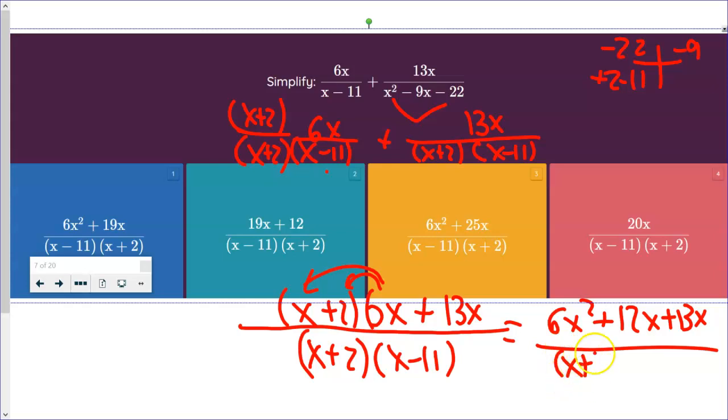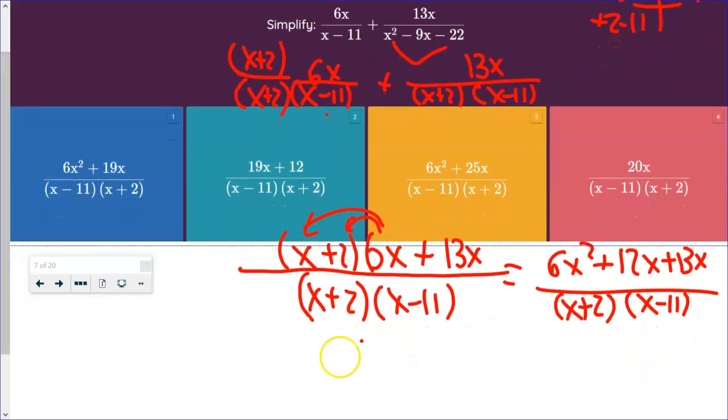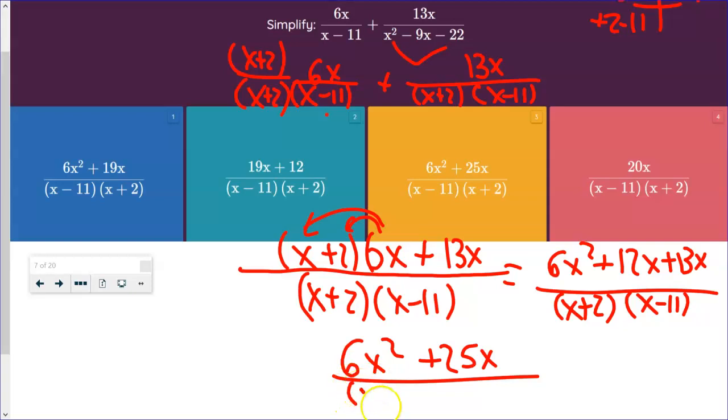Okay, and the bottom stays the same. And now we're just going to combine like terms. So we got 6x squared, 12x and 13x, that's 25x, over x plus 2 and x minus 11. Okay? So our answer is this one right here.